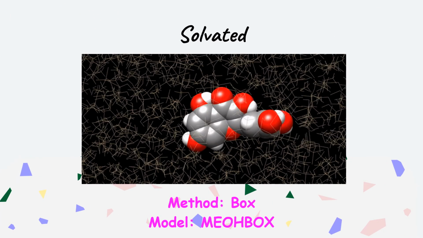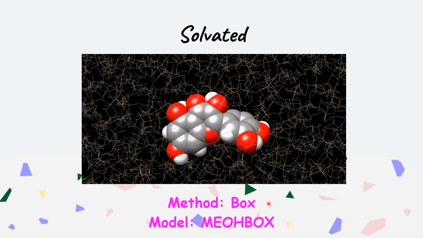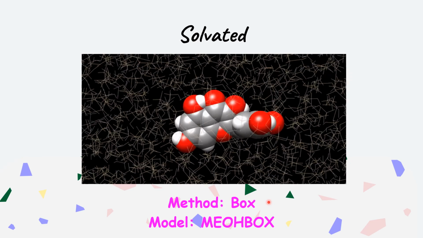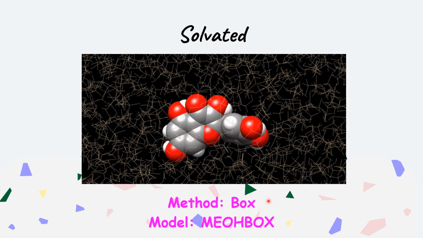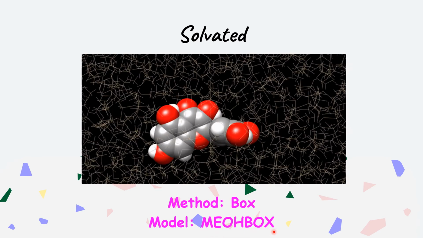A model of quercetin dissolved in methanol solvent is displayed here. The method chosen was a box with a box size of 25 angstrom, big enough for the size of the quercetin compound, and the solvent model is MEOH box, which stands for methanol. These can be seen from the abstract-looking structures around the molecule.